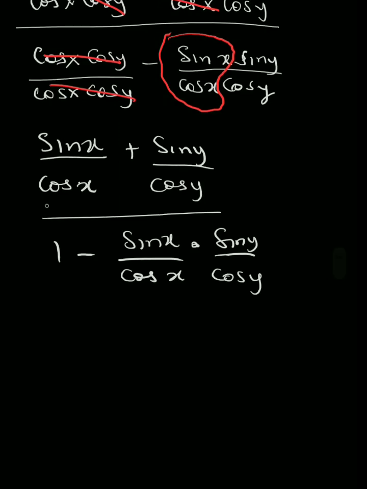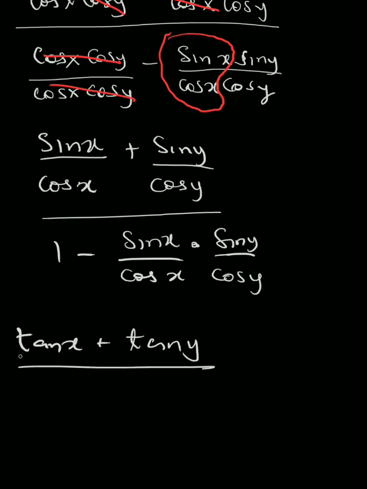Now sin x over cos x, as you know, sin over cos gives us tan, and since the angle is the same both down and on top, we get tan x here. Then on this side, this is also sin over cos with angle y, so we get tan y. We divide by 1 minus sin x over cos x, which is simply tan x, multiplying with tan y.